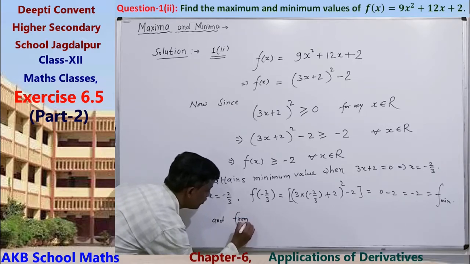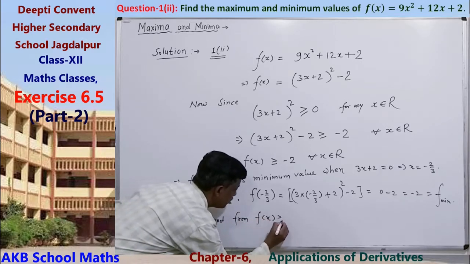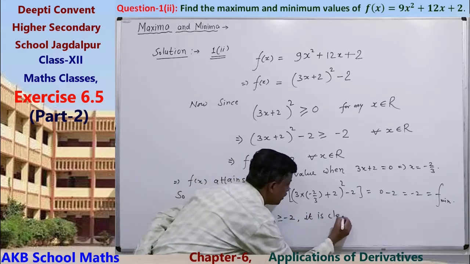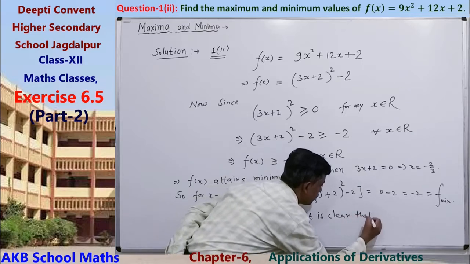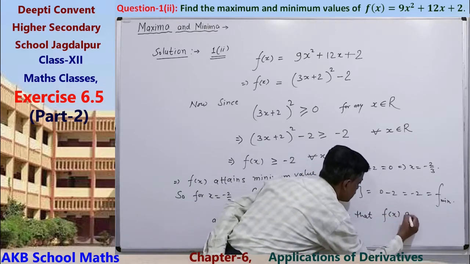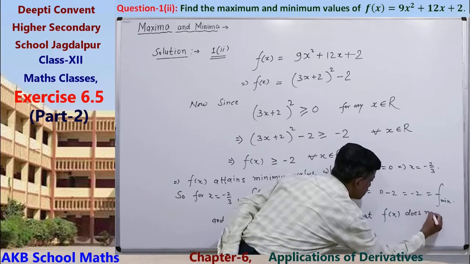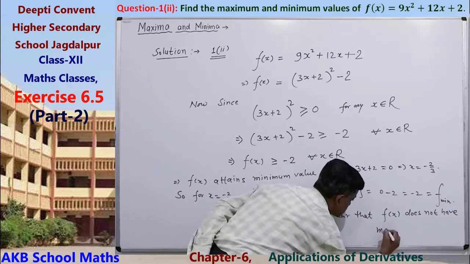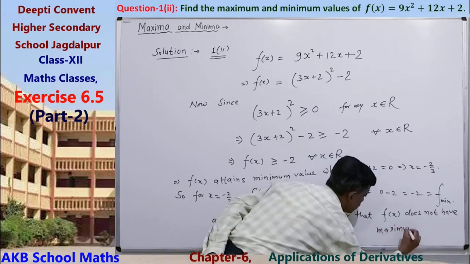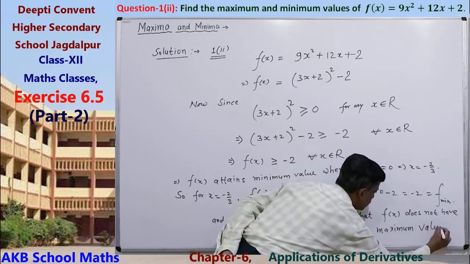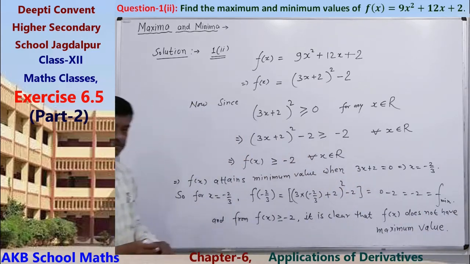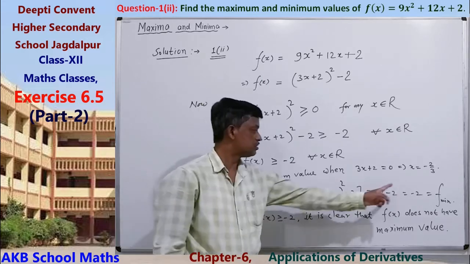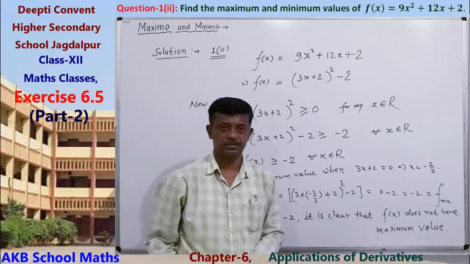From f(x) greater than or equal to minus 2, it is clear that f(x) does not have a maximum value. So for this question, the minimum value is minus 2 and the maximum value does not exist.